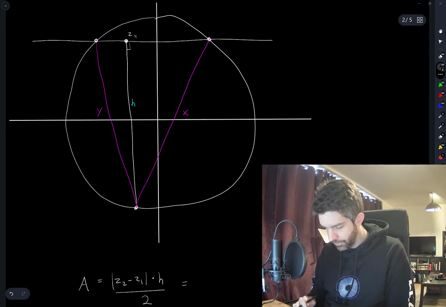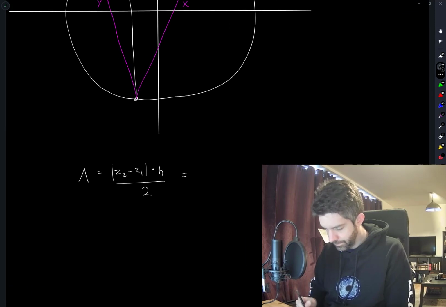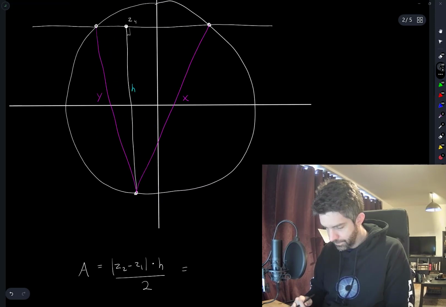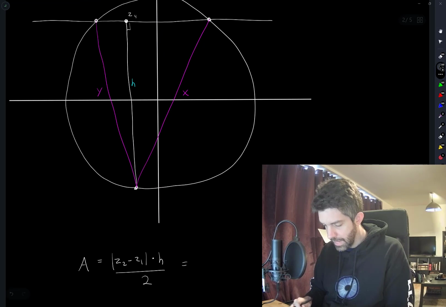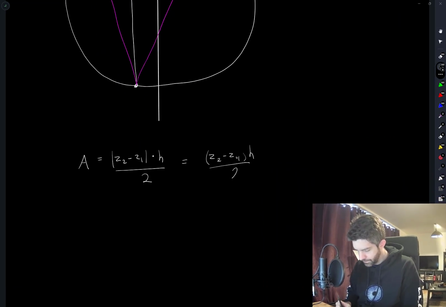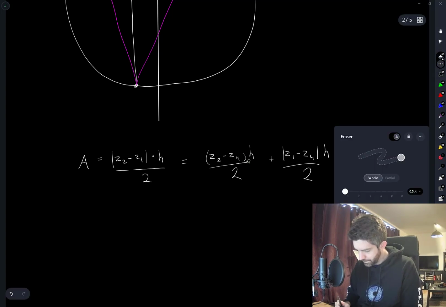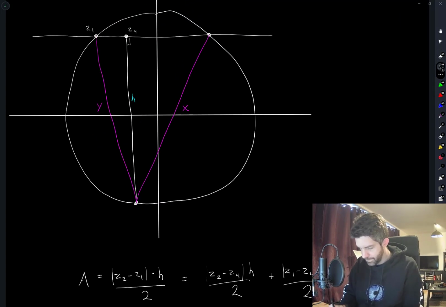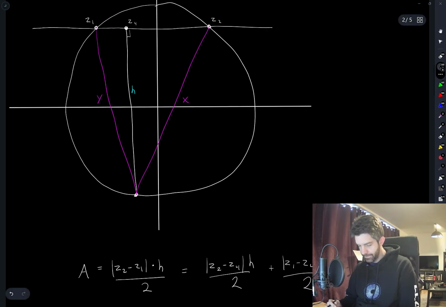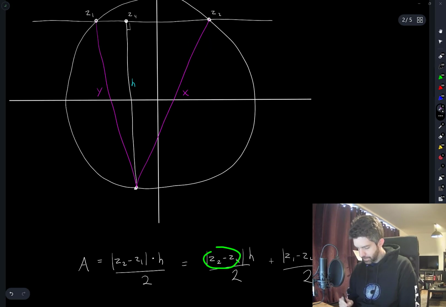We also know that it's, if I write it as the sum of the areas of the smaller triangles, and H is what we're looking for. Is there something we can say about these quantities?